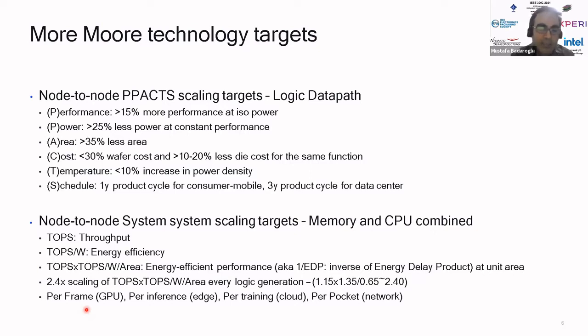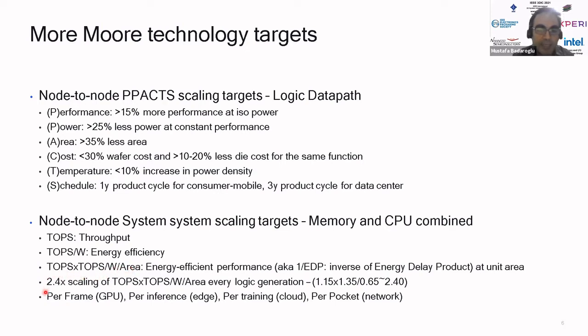On the system scaling, so these are on the device side, but on the system scaling, the most important thing is the TOPS per millimeter square and TOPS per watt concurrent scaling. Translating into a single parameter here, the area efficient and energy efficient performance improvement, which we call TOPS times TOPS per watt divided by area.